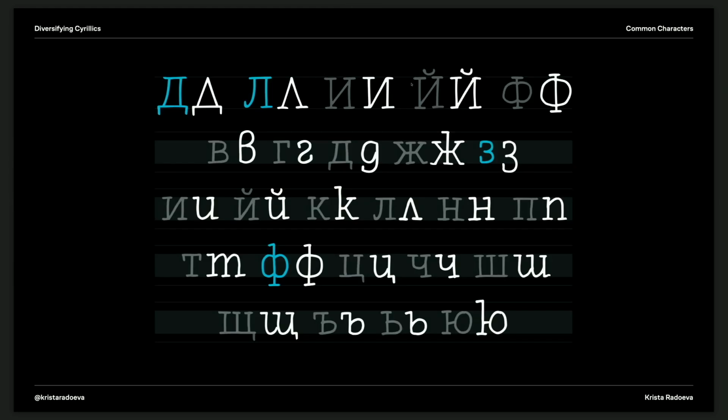Essentially, there was no type creation in Bulgaria, but there was lots of lettering. And in those lettering styles, slowly formed this kind of alternative form of Cyrillic.